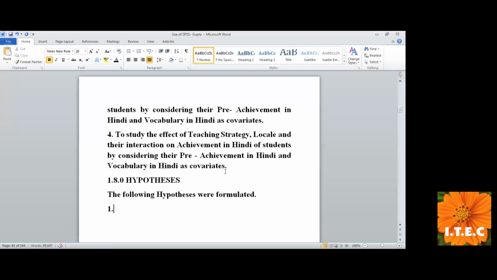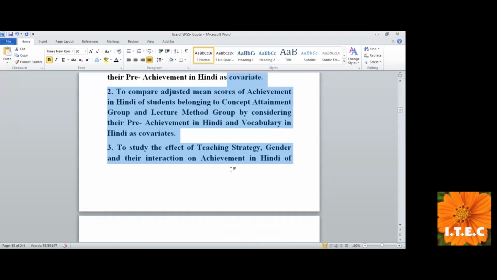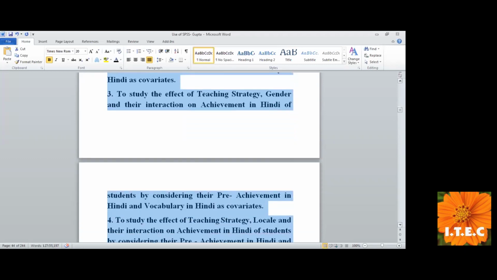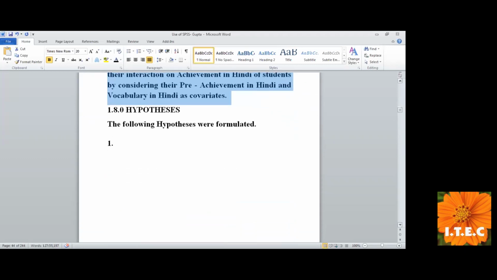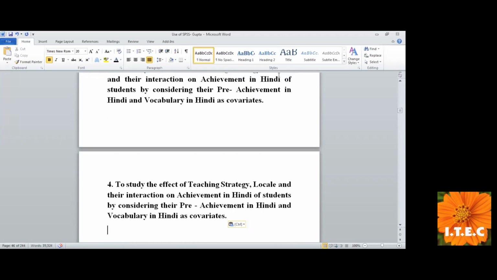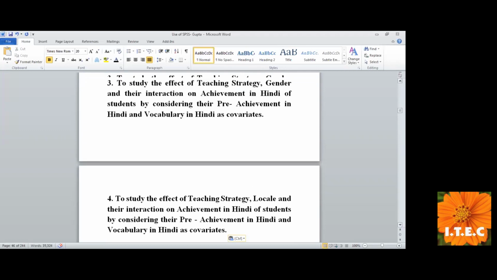Now you can copy your objectives and you can make changes in the objectives so that it becomes the hypothesis. You have to make changes.